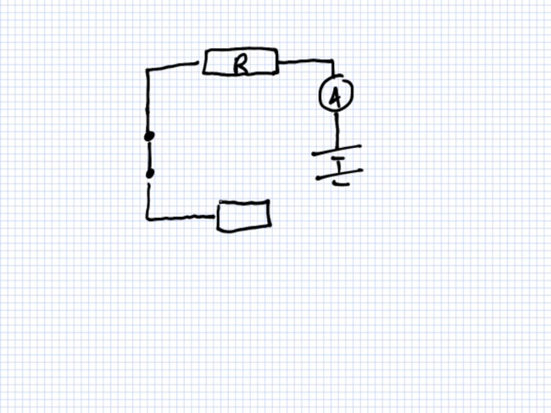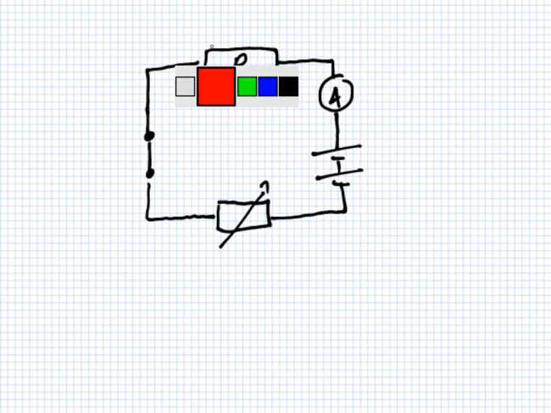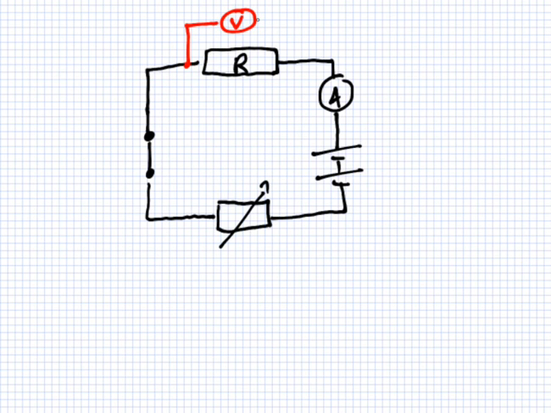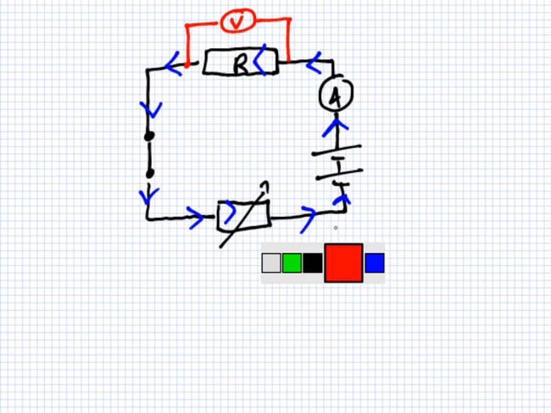So let's have a look at what's happening here. We have a battery here, and then there's an ammeter here, and then there's a resistor here, and then it's not on the picture, but really I should have put a switch in here somewhere as well for safety. So we'll imagine there's a switch here and it's closed.